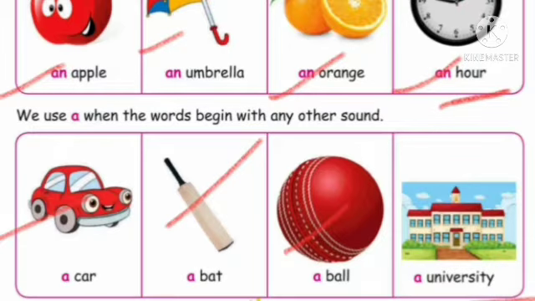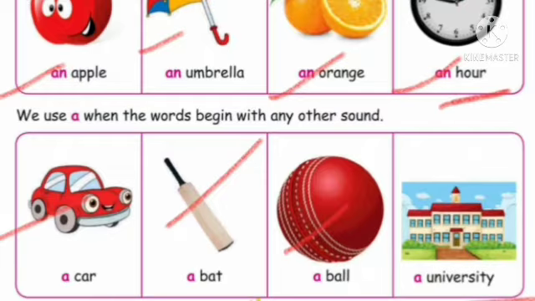University, yak, yellow, yacht, yo-yo. It is not producing the sound a. A university, that is U producing ya sound, not an a sound.